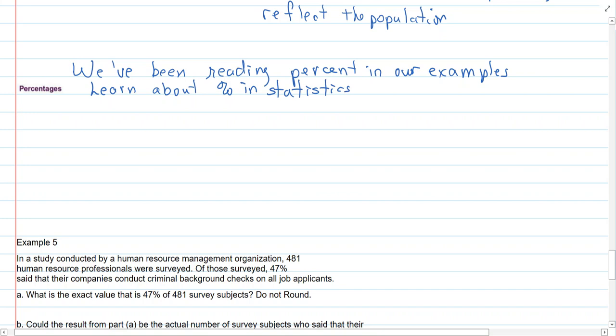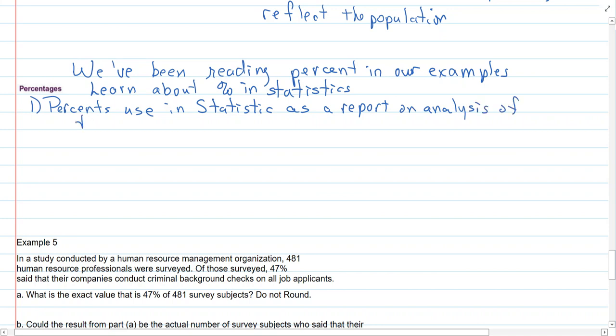Number one is percents used in statistics as a report on analysis of data, and responses and support of study.